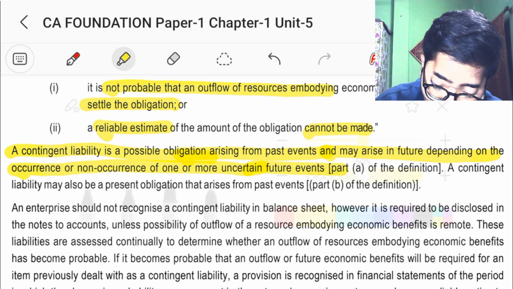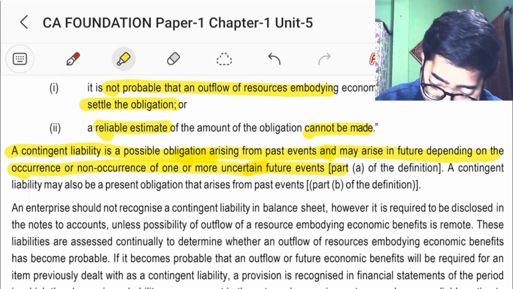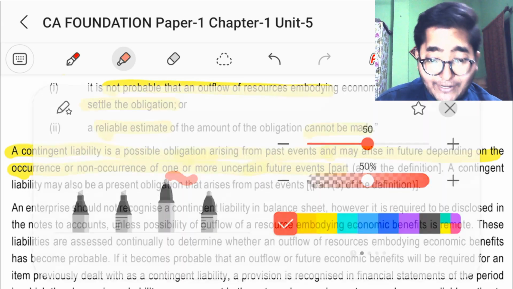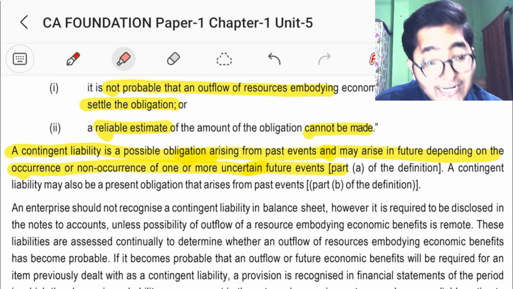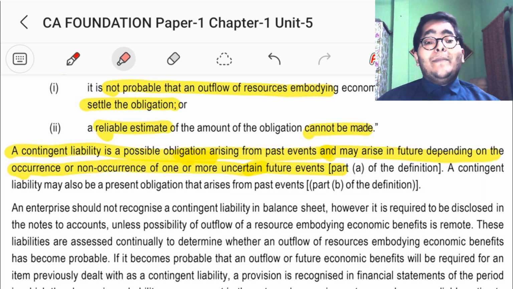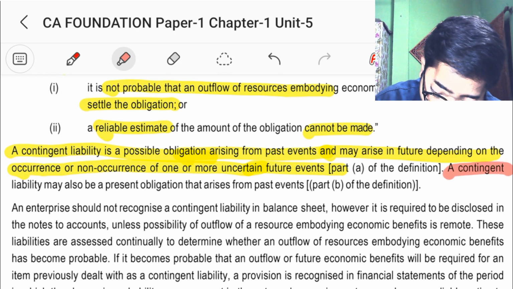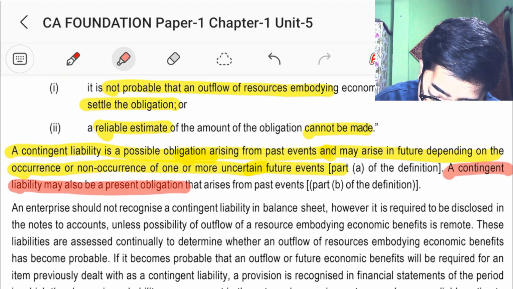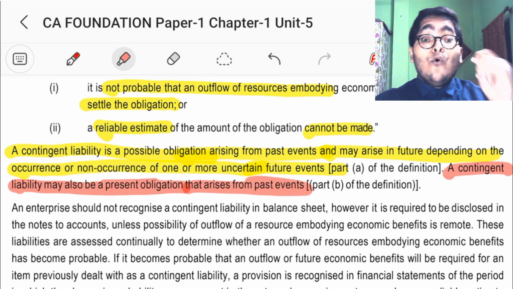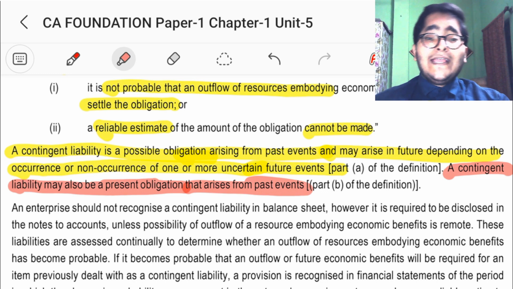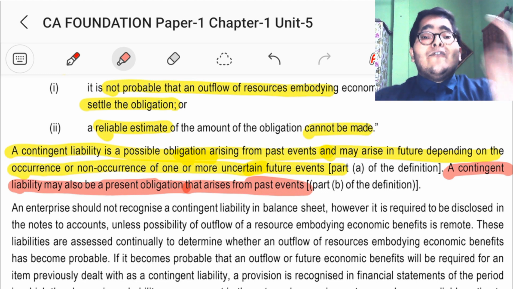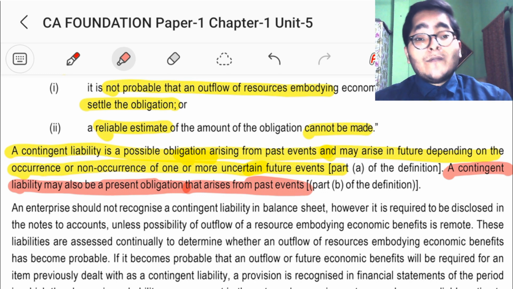Now our next part of the definition: a contingent liability may also be a present obligation that arises from past events, whose obligation's estimate cannot be made, or the estimate of outflow of resources is not possible.